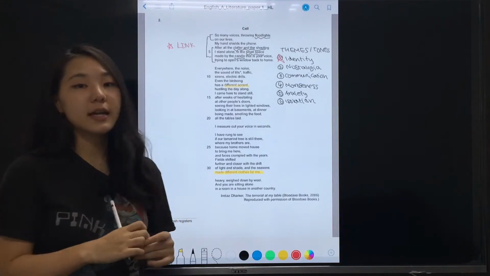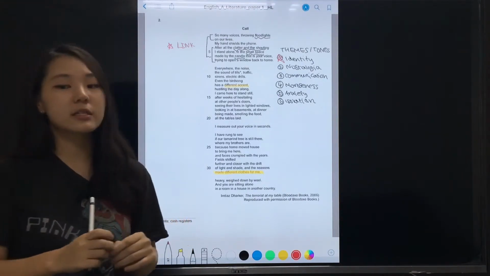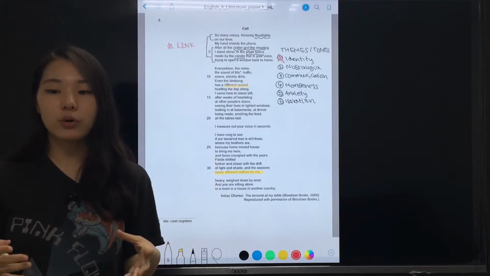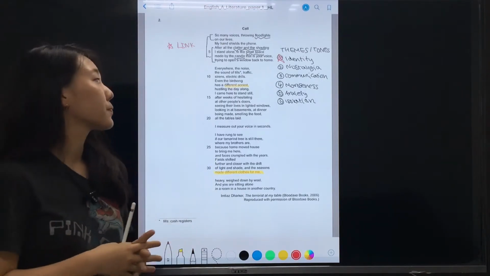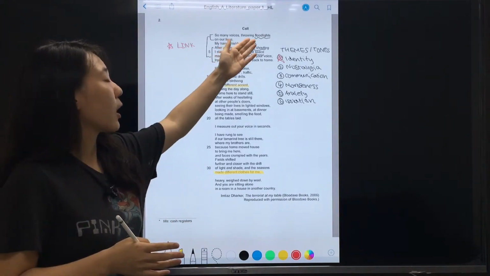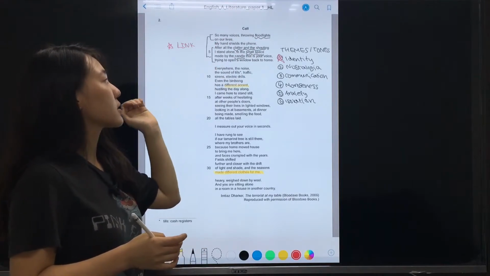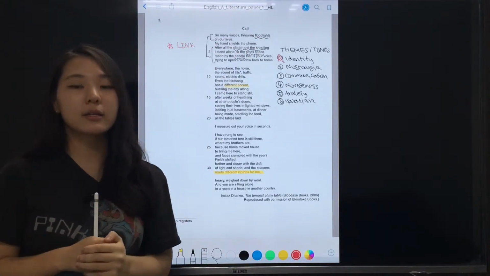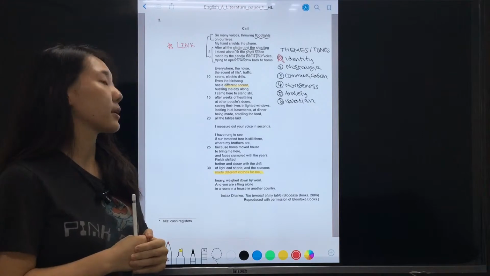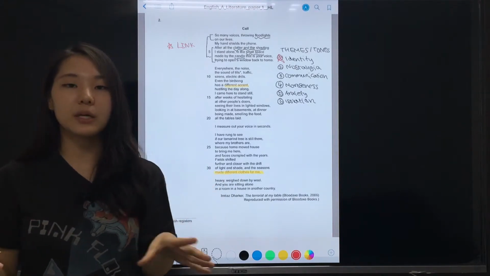Starting from the first stanza, we can already see that the speaker is struggling with a new environment and new people. There's an aggressive action of the verb throwing, coupled with the noun floodlights. So this is a way of portraying the voices as an aggressive act of the new people.